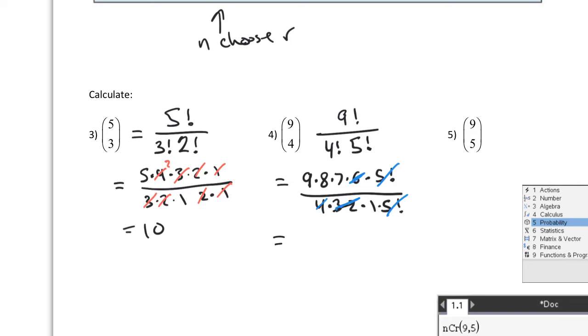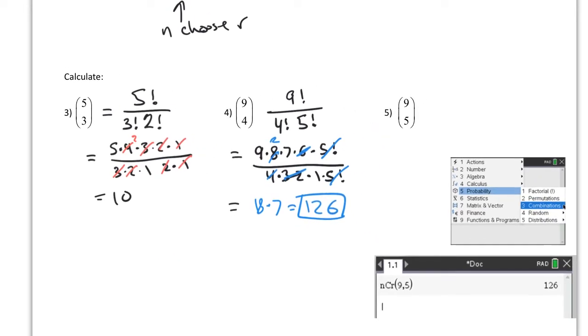The 4 and the 8 cancel to become 2. And we end up with, let's see, I have a 1 on the bottom. So I have 9 times 2 times 7. So that is 18 times 7, which is 70 plus 56, so 126. Okay.